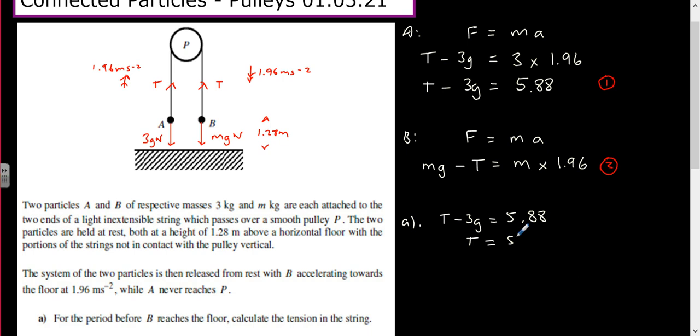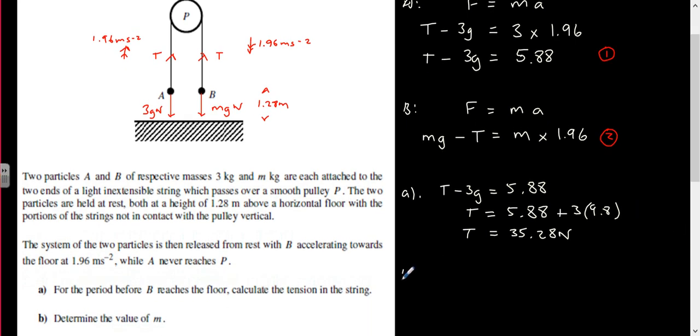Therefore, T is 5.88 plus 3g, or 3 times 9.8. So my tension comes out as 5.88 plus 3 lots of 9.8 on the calculator, 35.28 newtons. There's my tension for part A.